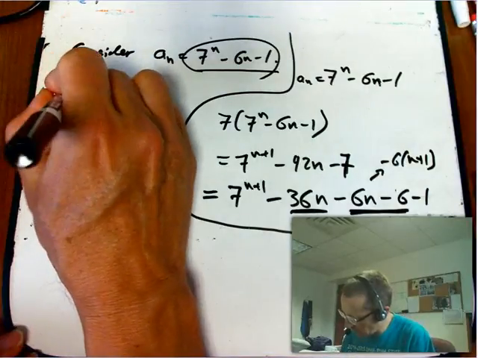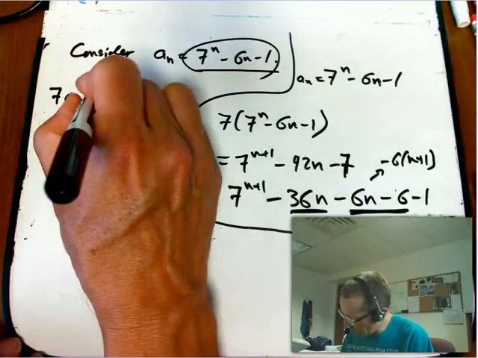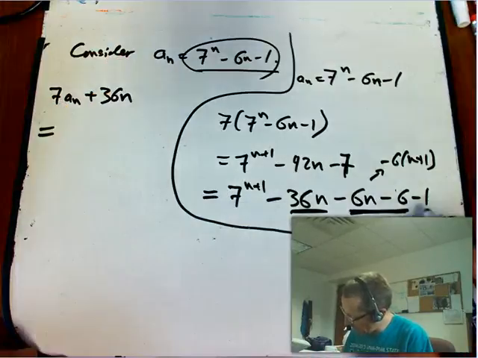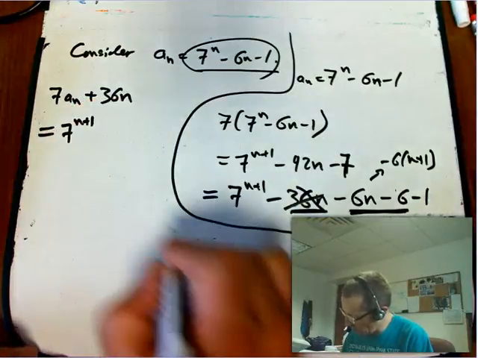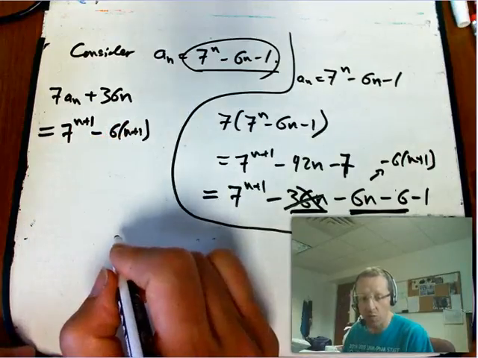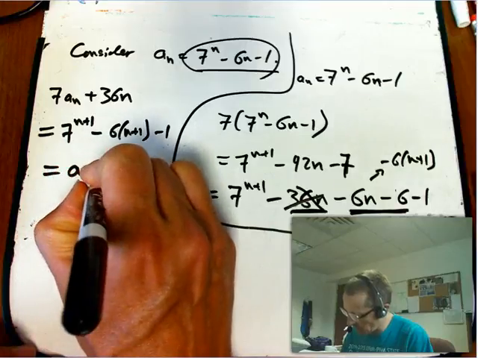We took 7 times a sub n, that's all this stuff, and then that plus 36n is everything I've written down here except without that guy. 7 to the n plus 1 minus 6, factor out the 6, n plus 1 minus 1. Guess what? That's exactly a sub n plus 1.